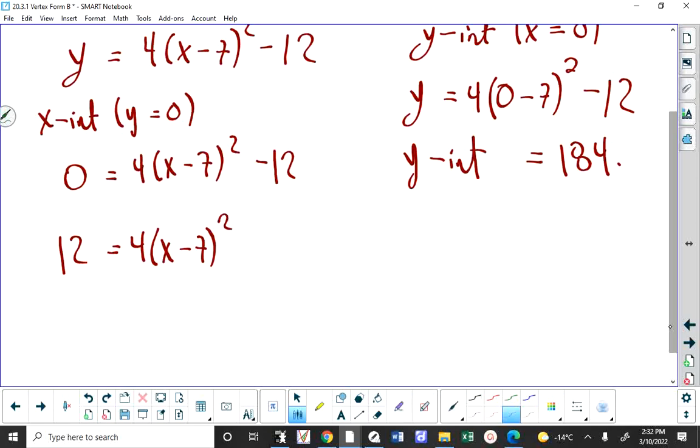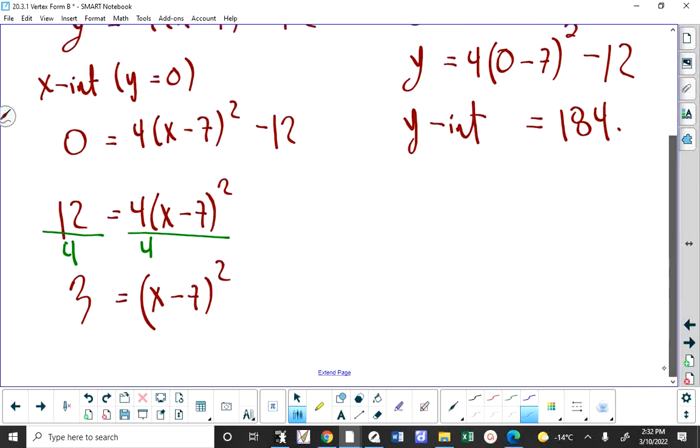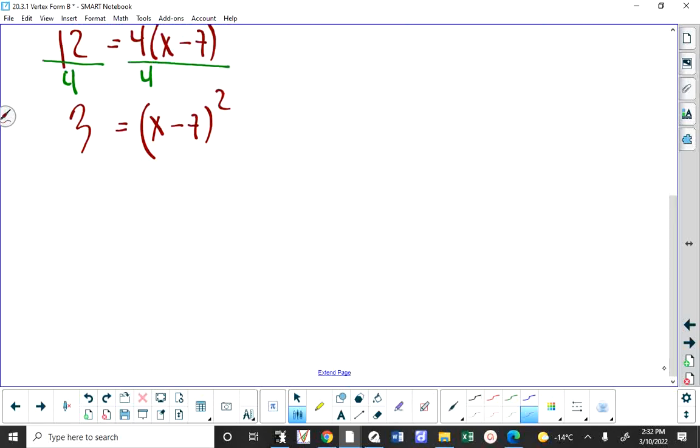I can divide both sides by 4 now to get 3 equals x minus 7 quantity squared. Now I take the square root. So I'm going to have plus or minus the square root of 3 equals x minus 7.